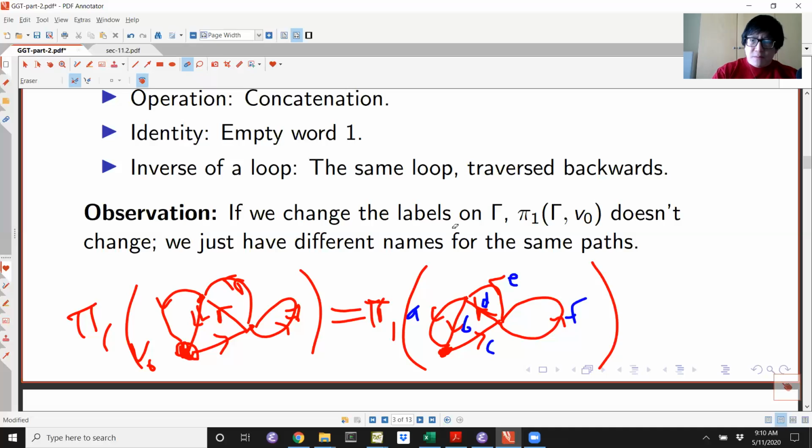Does that make sense? Is that good? The fundamental group of a graph, and we can just change the labels and it's still good. Okay. That will at least be convenient for the sake of bookkeeping in what follows.